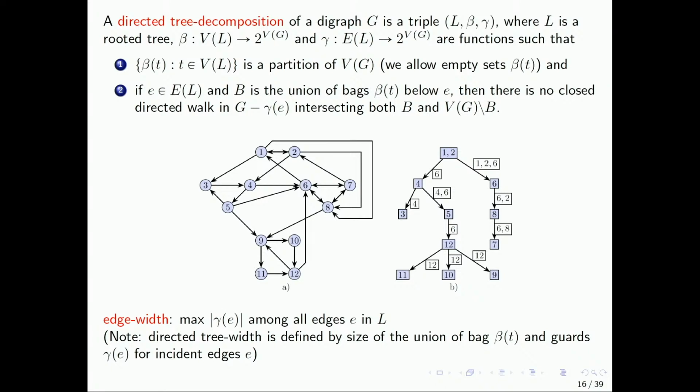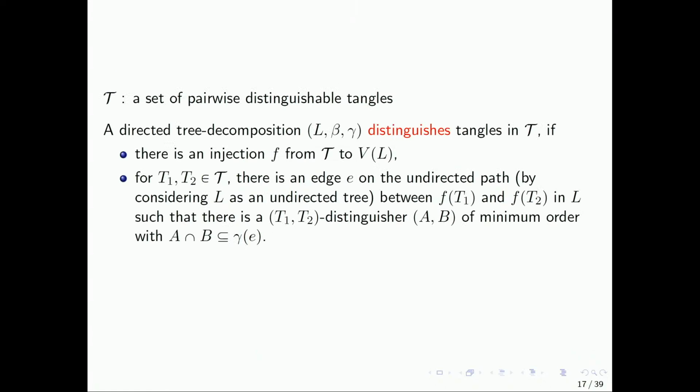But in this work, we don't need directed tree width, but only need the size of the guards, because each bag will correspond to some tangle which is large, so we don't care. But we really care about the size of the guard. So we say that the edge width is the maximum size of the guard among all edges in the decomposition.